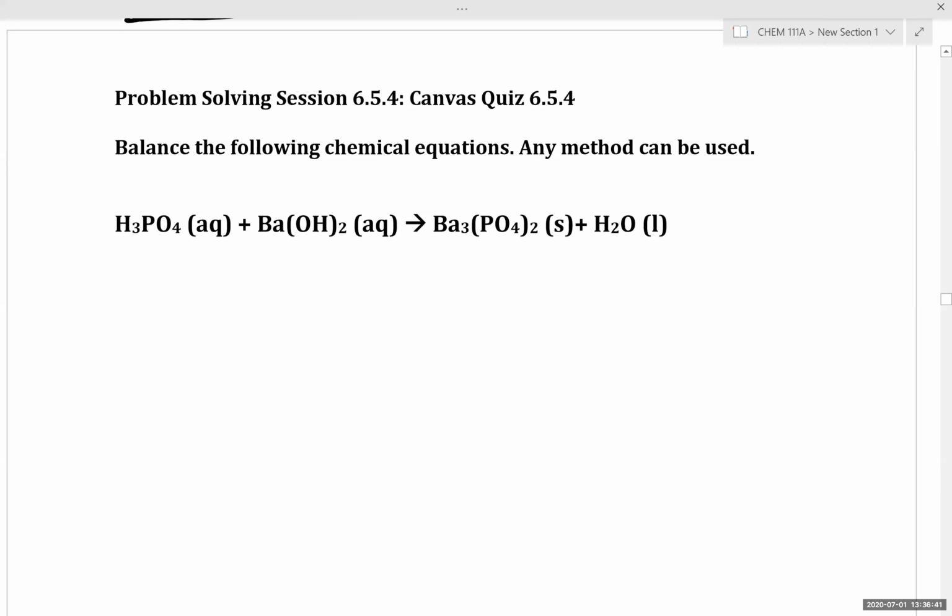And the coefficients that I see so far look perfect.